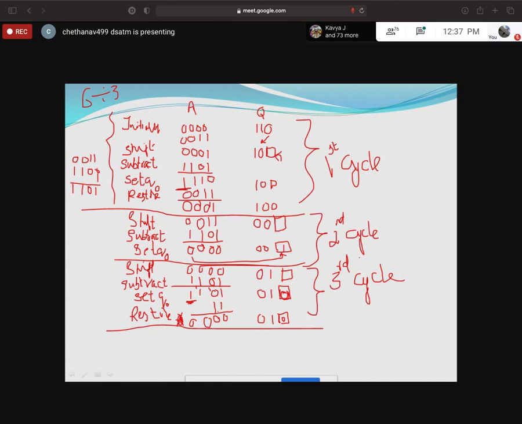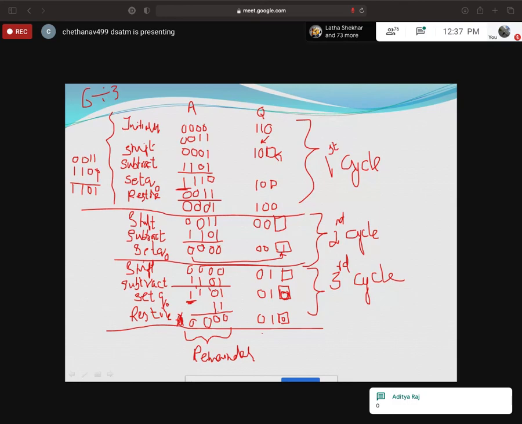Now you note down the value. Go to your register A. What's your A value? Your A value will be the remainder. What remainder did you get now? Exactly, you got the remainder 0. And the quotient, what's your quotient?